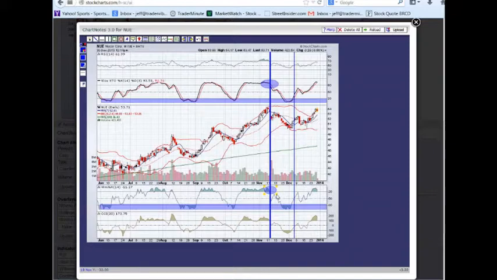Now, if you're only using an oscillator, be prepared for whipsaws. What do I mean? Well, look back here in August. Williams percent R moves below minus 20. The stochastics a day later moves below 80. Even the CCI, which is the same principle, goes from above 100 to below 100.